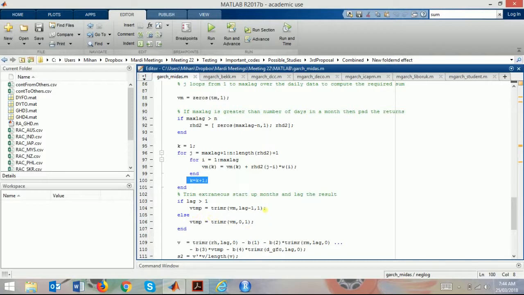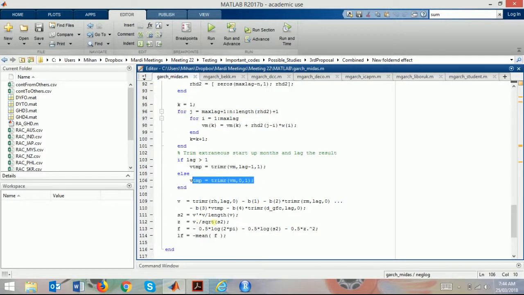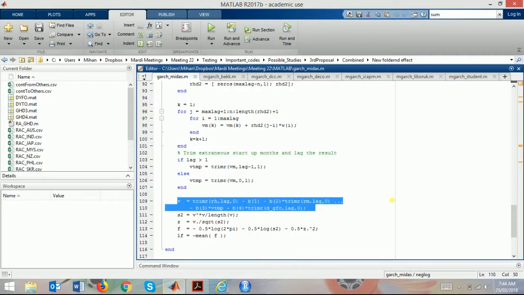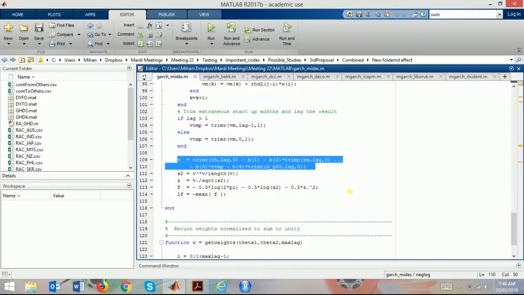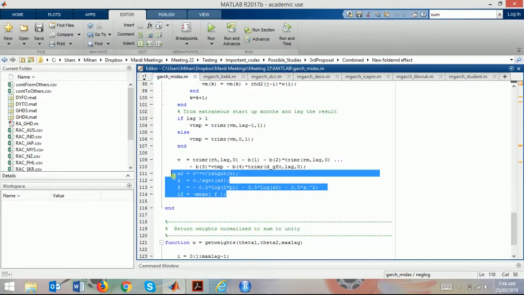Whatever extraneous was, if it was greater than 1, we would trim it. So then we have V, which is simply the equation we talked about. Basically this is how it is, the Midas model, where we get realized volatility.